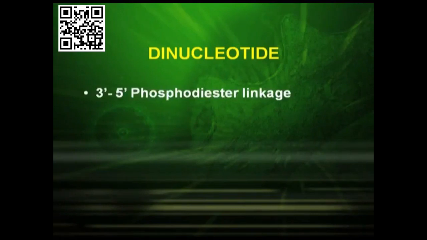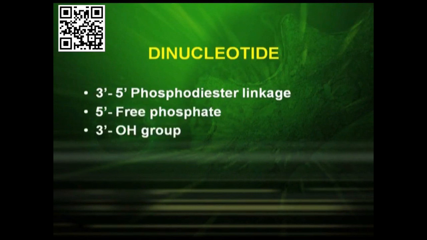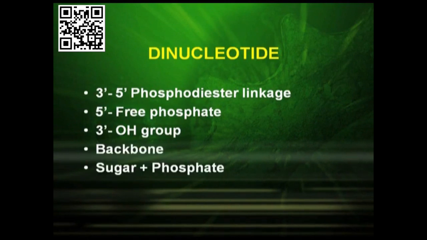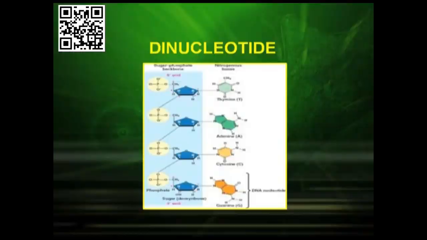Now let us see how two mononucleotides are joined together to form a dinucleotide. The 3'-5' phosphodiester linkage makes the two nucleotides join together. There is a 5' free phosphate group and the backbone is made up of sugar and phosphate. Let us understand with the help of the following picture.